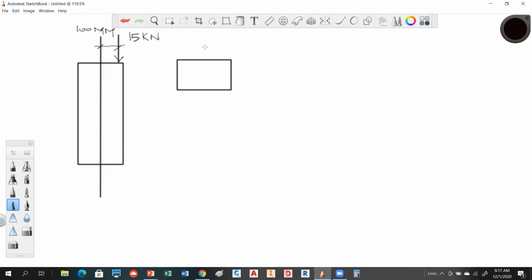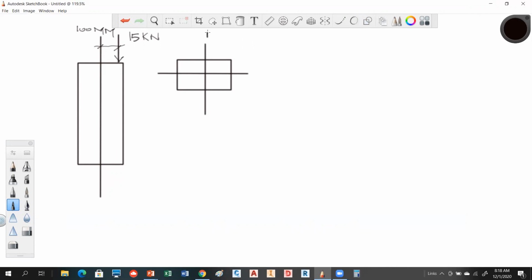So if we look down on the top, let me put the centroid locations in here. Stop me if I'm going too fast. Let me just get the problem set up first. Because this thing is bending like this, this would be my neutral axis here.